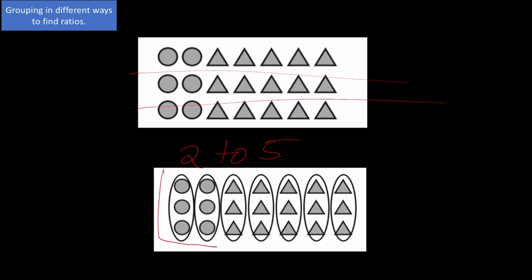But I can say that for every group of 2 groups of 3 circles, there are 5 groups. For every 2 groups here, there are 5 groups here. So that is another way of doing it. It's just not a very visual representation that makes it easy to see right away, but this is not wrong.